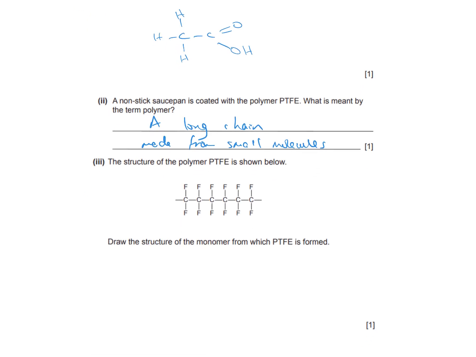Okay, on to then this, the structure of PTFE. What's the monomer from which PTFE is formed? Again, it's always based on ethene. Remember, you've got to pick out 2 carbons. So I'm just going to pick out these 2. And that's the basic structure of it. And the monomer always has a double bond between the carbons.